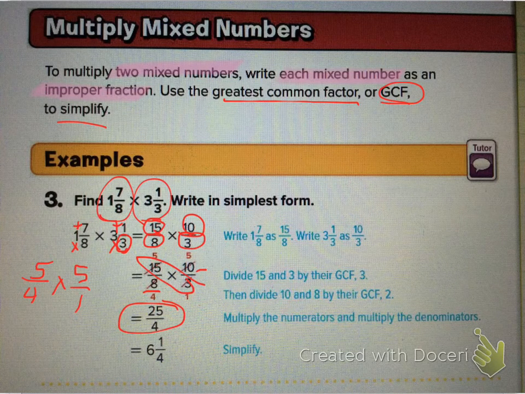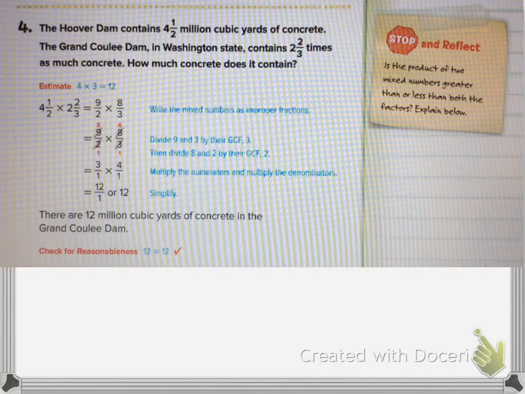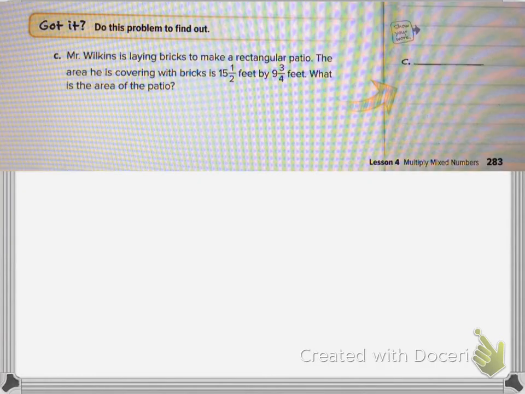Can't leave it as an improper fraction, so we have to divide, and we end up with 6 1/4. Same with number 4. Look through the process, how they solved it, how they changed their mixed numbers to improper fractions, and simplified within the problem. Then go ahead and do letter C. Pause the video, come back, and look for the answer.